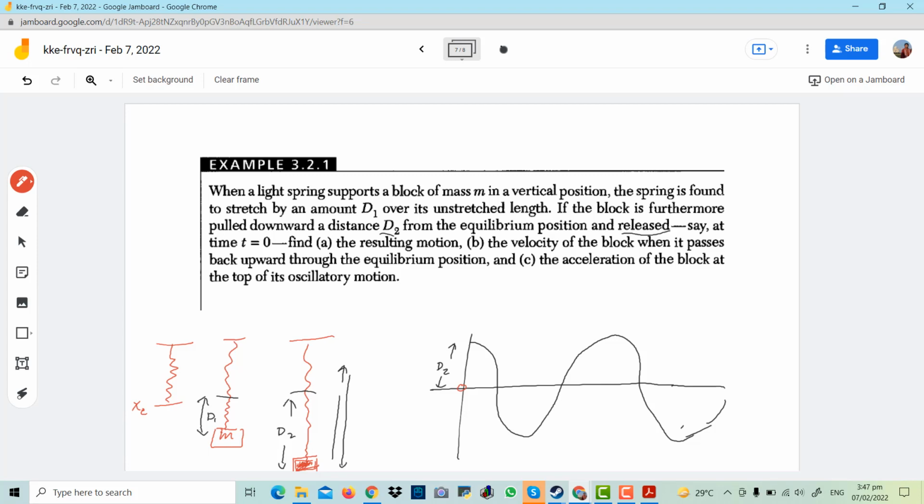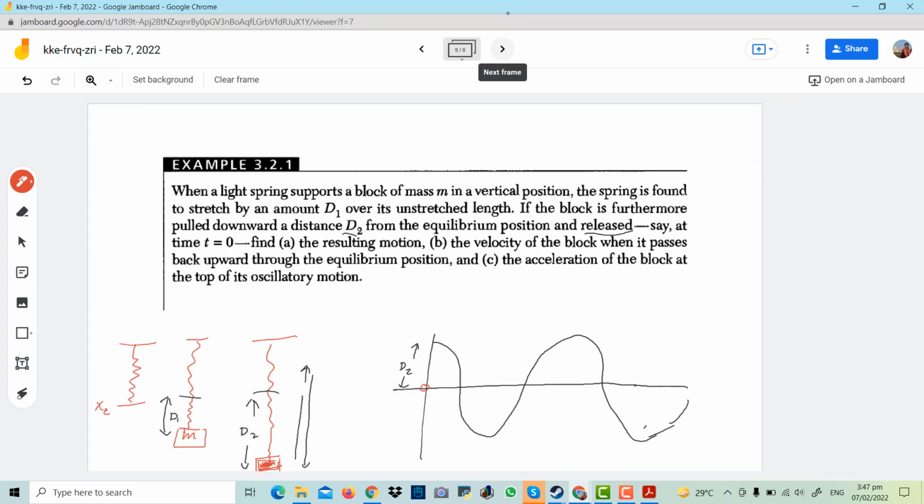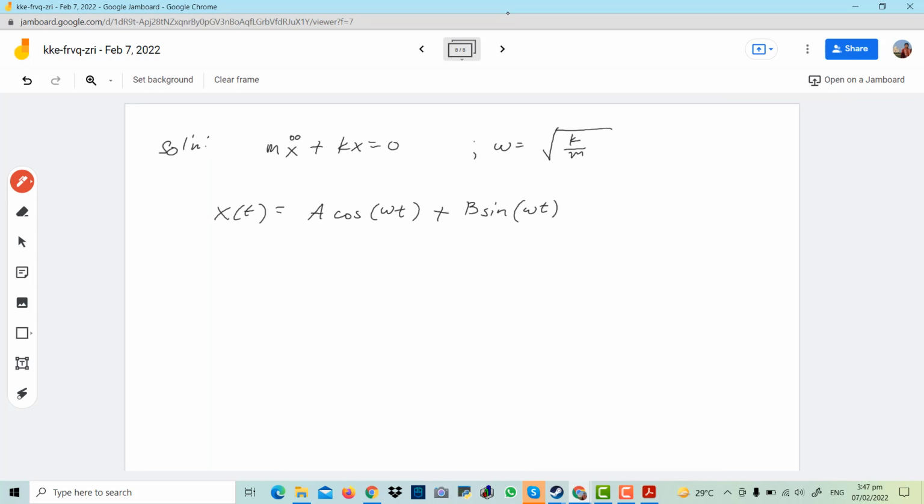That is when your displacement is expressed in terms of cosine. Looking at the initial conditions at time equals 0, I know I will use cosine.